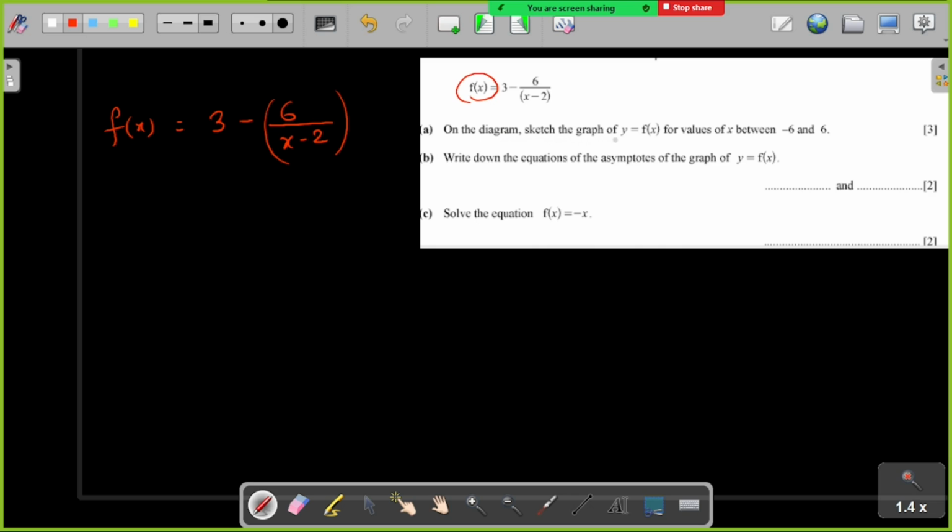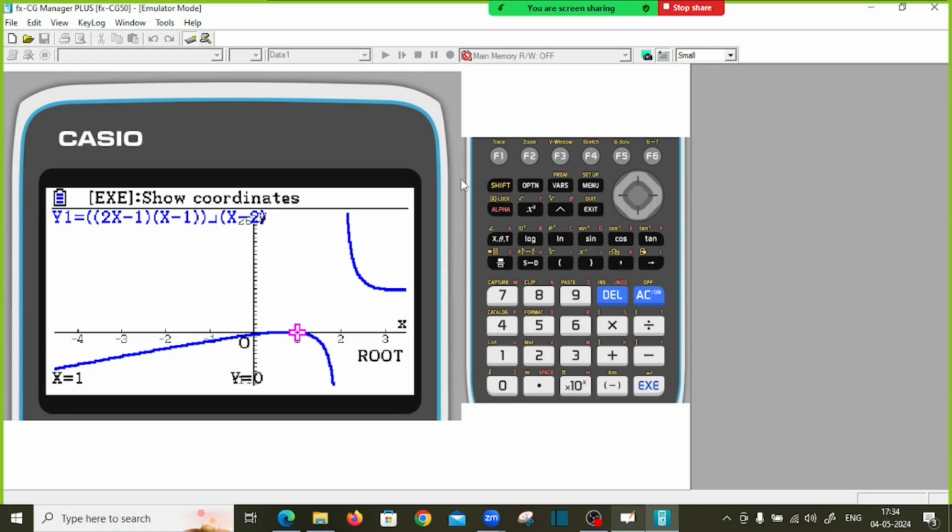On the diagram, sketch y equals f(x) for x lying between -6 and 6. Similarly, you can draw its graph on the graphical display calculator. Let us go to this, you can directly go to your editing section from F5.